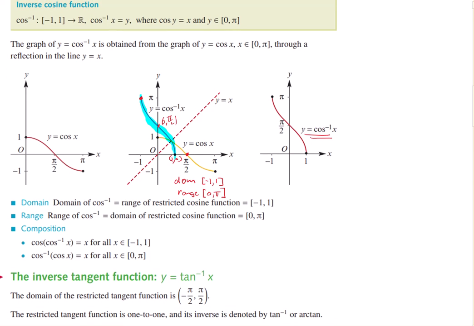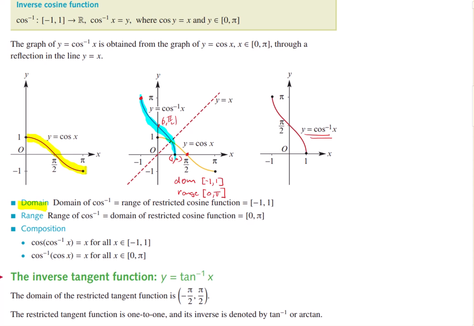Okay, now just reading their notes for domain. You get a highlighter here for domain. The domain of cos to the minus 1 is the range of the restricted cosine function, between -1 and 1. And so remember, we restricted the cosine function to make sure that it was a 1-to-1.